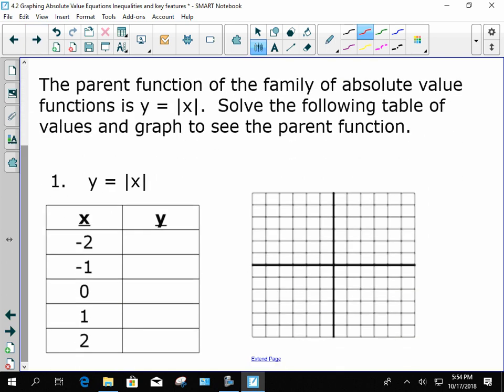So, we need to know what the parent function is. The parent function of the family of absolute value functions is y equals the absolute value of x. This is the parent function. So, when x is negative 2, I have y equals the absolute value of negative 2, so that's positive 2. Y equals the absolute value of negative 1, that's positive 1.